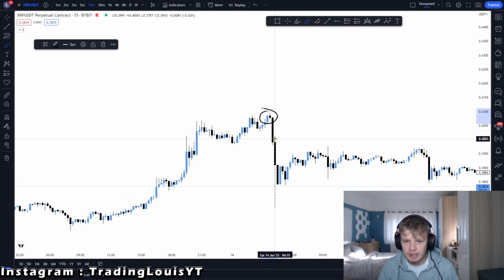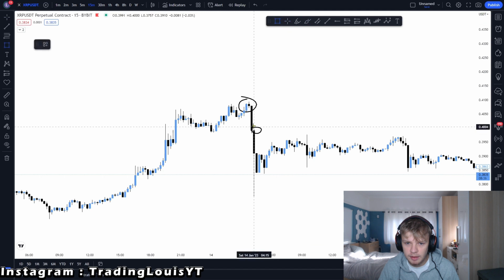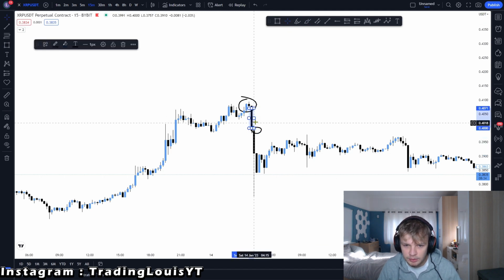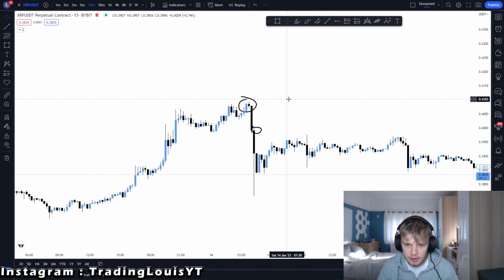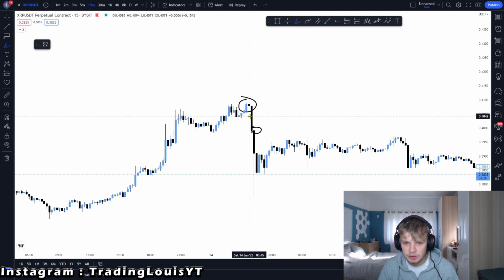Then we have a big gap in the market, and then we have another candle right here. So the gap from this candle to that candle is an imbalance, because there are no wicks, there are no two candles that join. There is a gap where this candle to the right and this candle to the left do not meet.